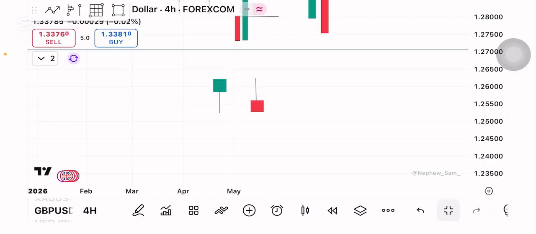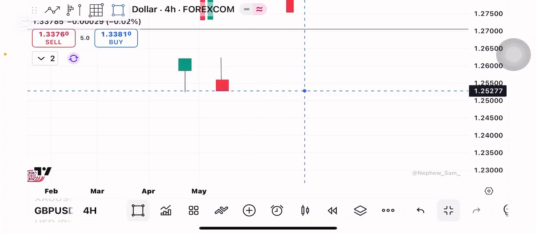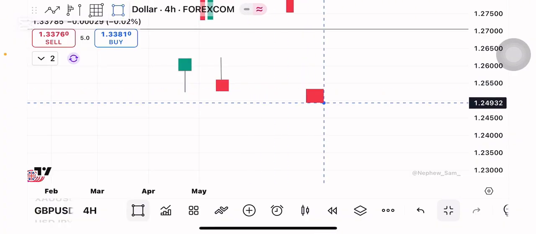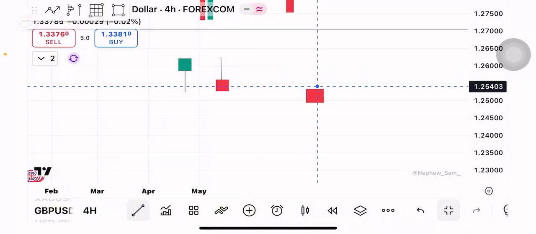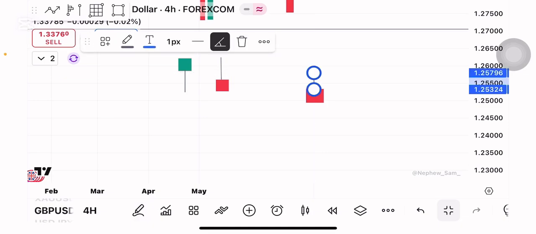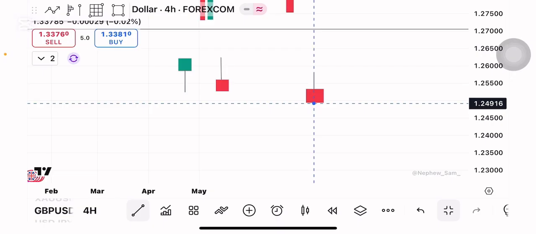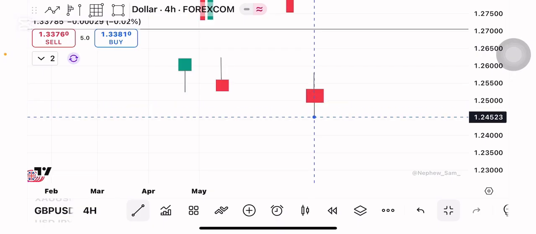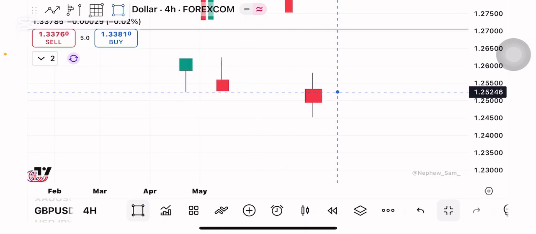Then we have our spinning top. We have a spinning top, something like this. This is a spinning top candle. This is the spinning top for bearish. Then we have the bullish spinning top also.